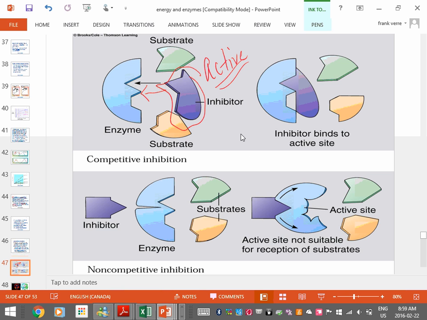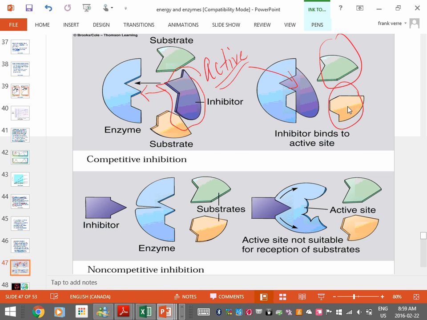Where does it sit? It sits in the active site. So if an inhibitor sits in the active site, what's the problem? What's the problem for the substrate? So imagine this is the substrate. Can't get in. So how do you think a competitive inhibitor works? It blocks the active site.